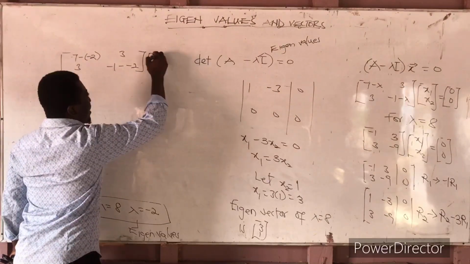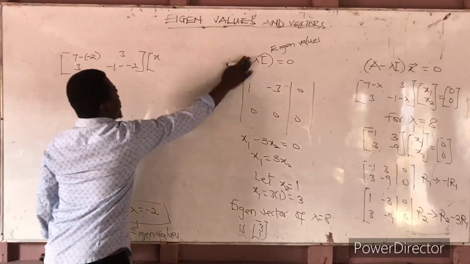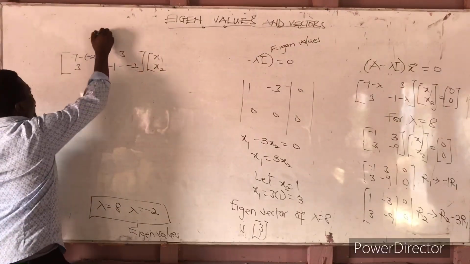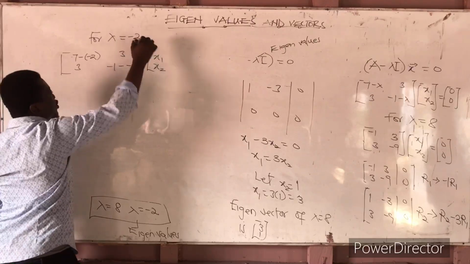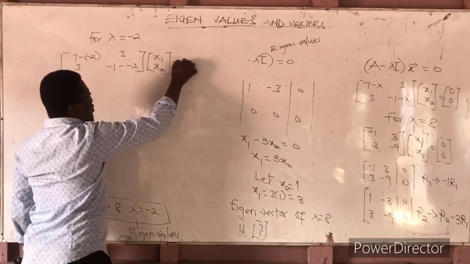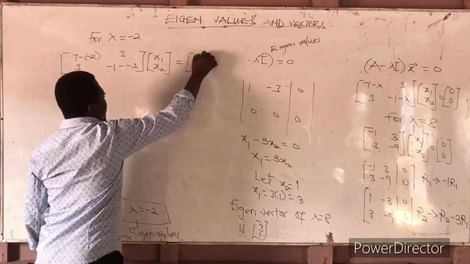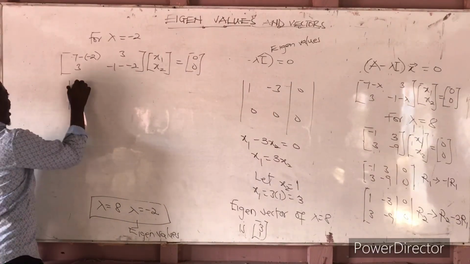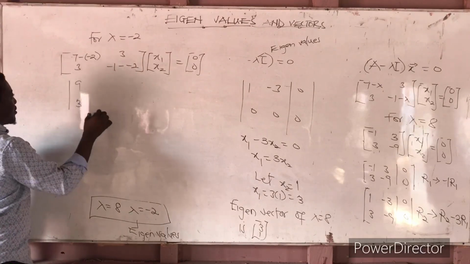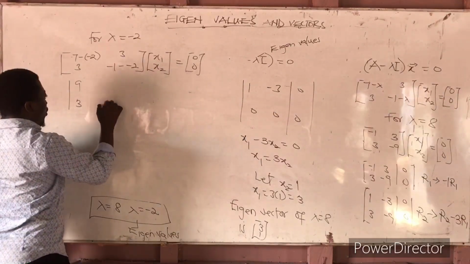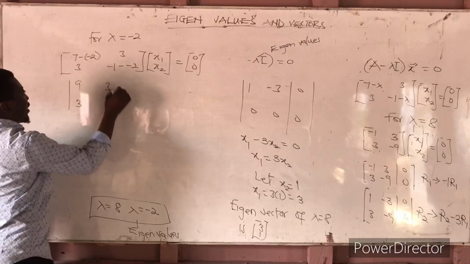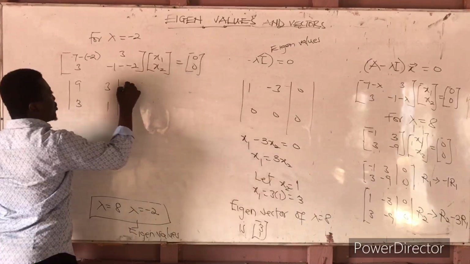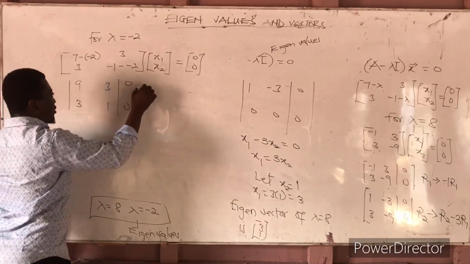This is multiplied by x1, x2, when lambda is equal to minus 2, and is equal to 0, 0. So we are going to have the augmented matrix 9, 3, 1, 3, and 0, 0.